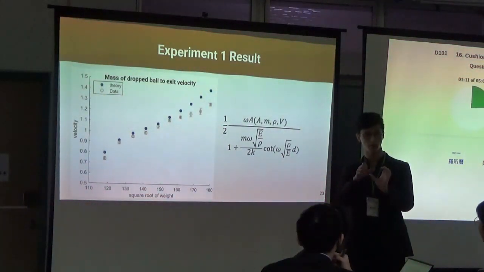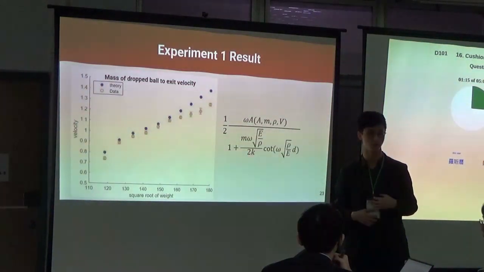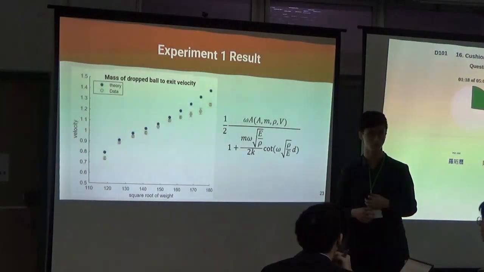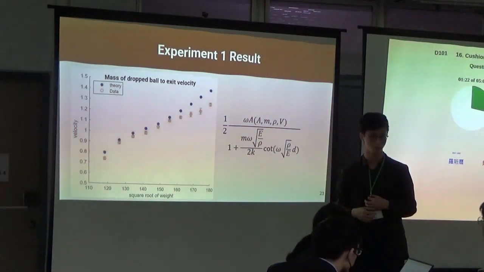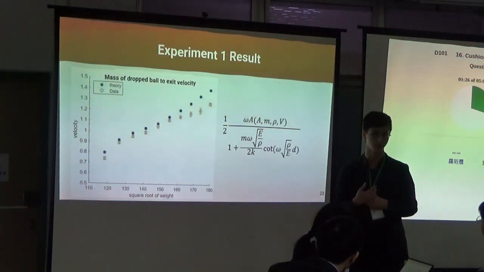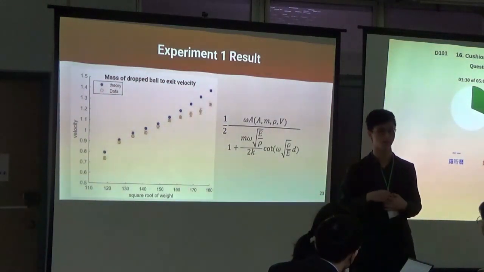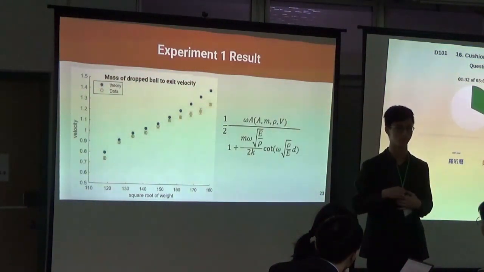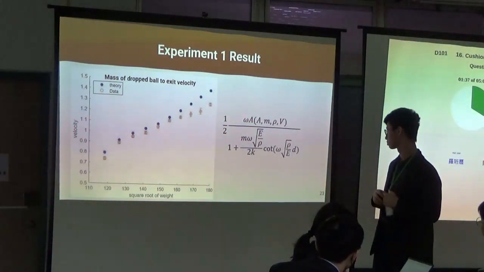We measure it through analyzing the video, using the high-speed camera to capture the frequency. So that means you measure frequency, but you said you didn't measure the frequency. I think maybe I didn't express it clearly. So you measure all the parameters in your formula.